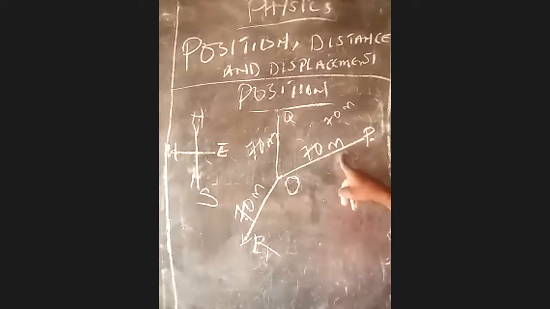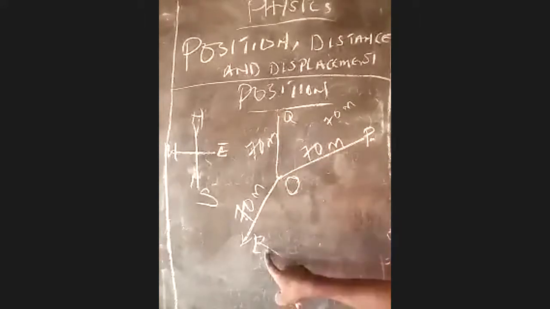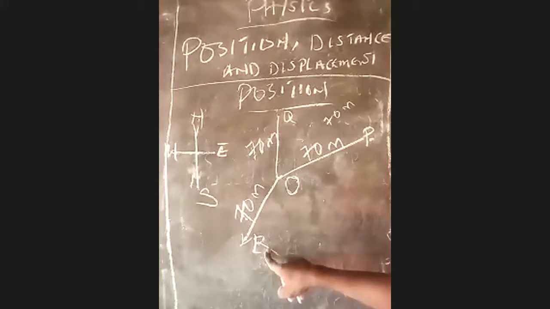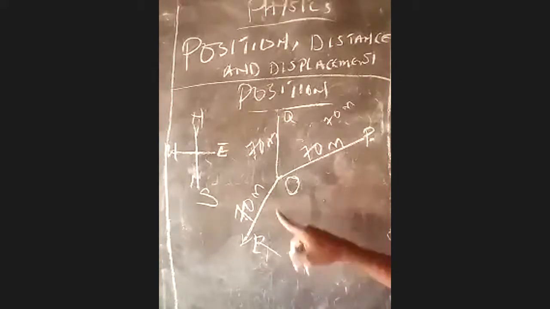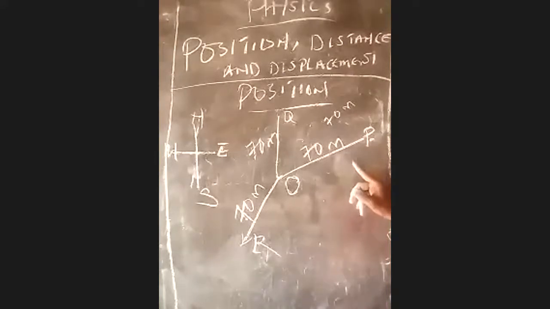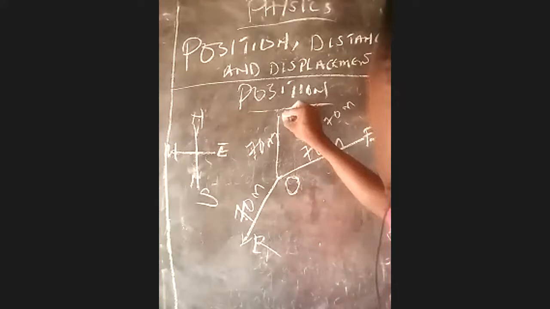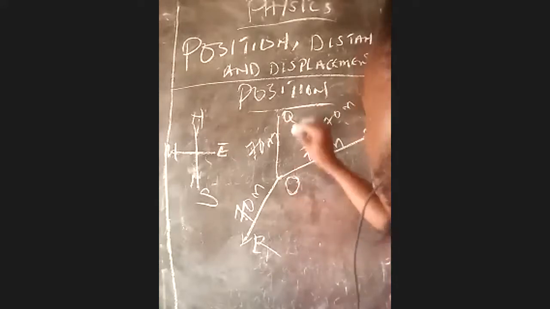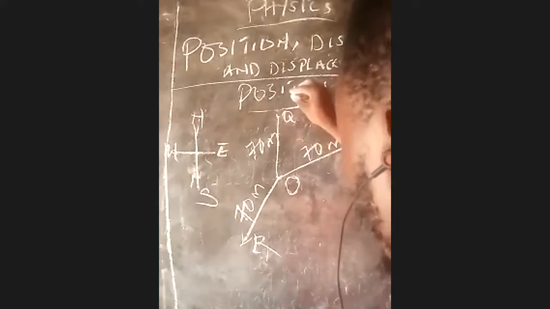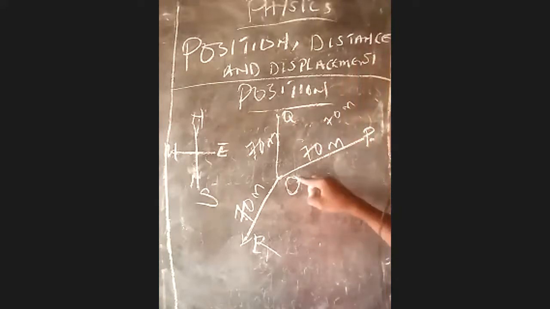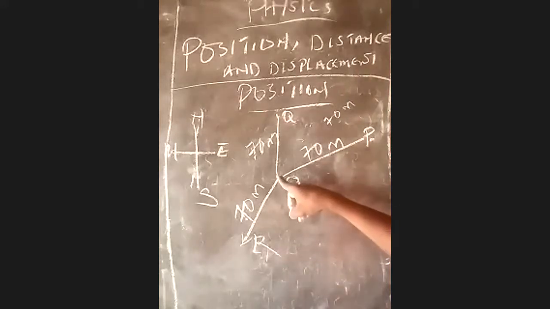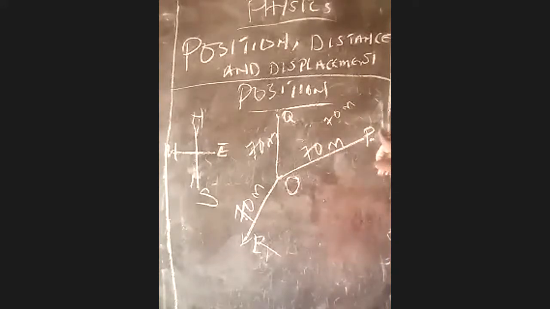So for that reason, point R and point Q, let's say point Q, from point O, are also part of the parameters that you can use to measure the distance and indicate the direction of the body that moves from point O here to the point P, which travels a distance of 70 meters.